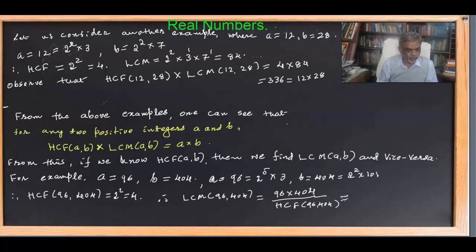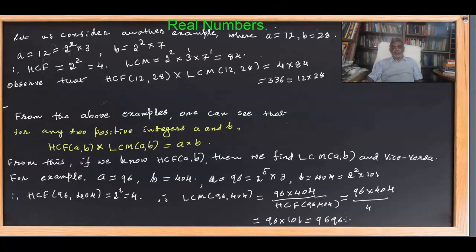That equals 96 into 404 divided by 4, and that equals 96 into 101, that is 9696.